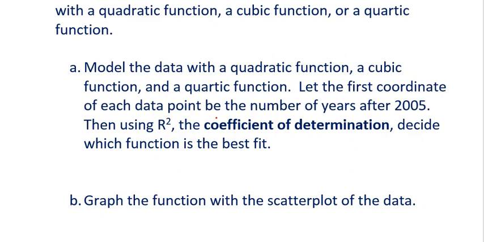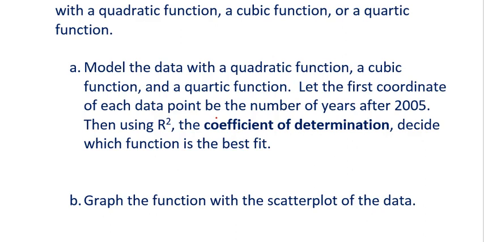They have screenshots on that page 229 of what you get with the quadratic, the cubic, the quartic. And if you look at the r squared values for each, on the quadratic you have 0.928, on the cubic you have 0.981, and on the quartic you have 0.9979. So the one that is closest to a positive 1 is the quartic. That means the quartic is the best fit.